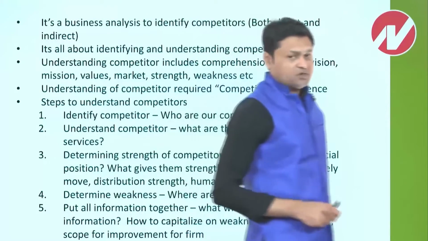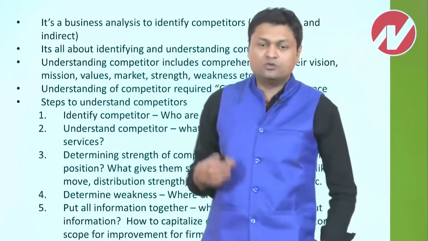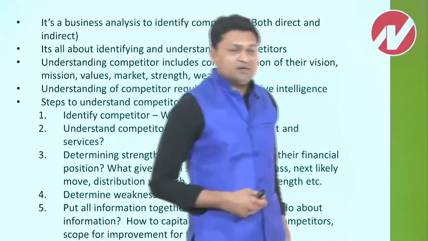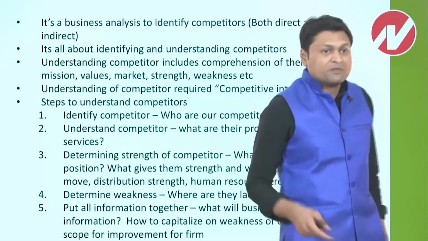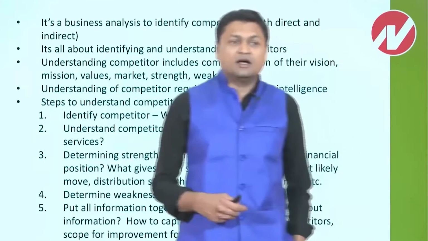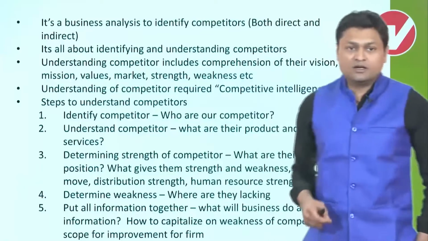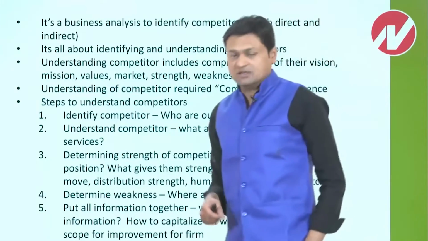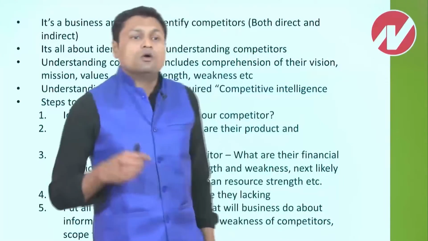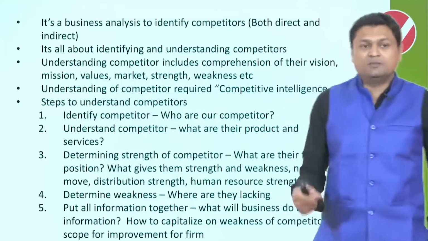There is a 5-step process to understand the competitive landscape. One, identifying the competitor. The basic question asked here is: who are your competitors? Second is understanding the competitor. What are their products and services? This answer will give you an idea of what exactly your competitor is doing.